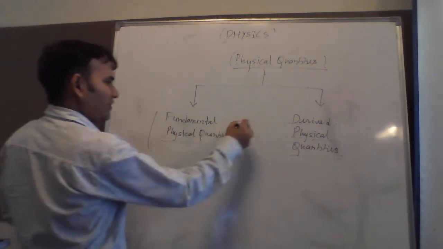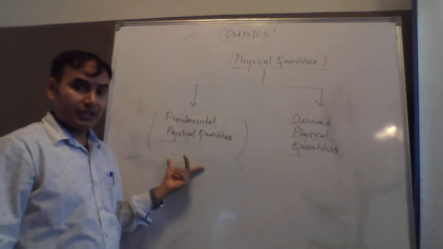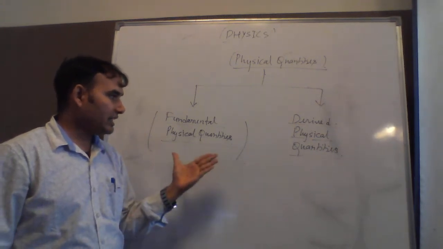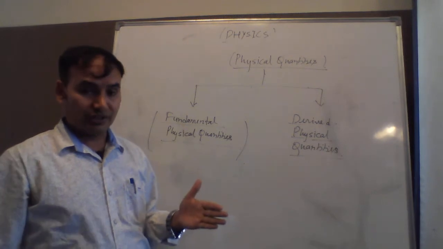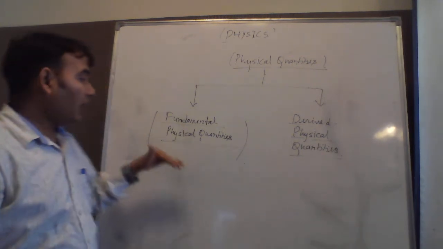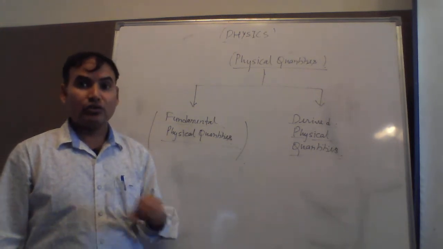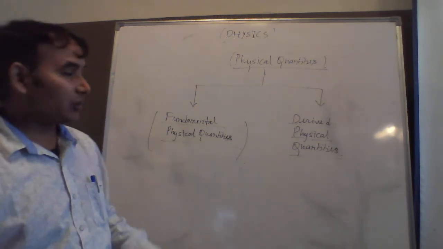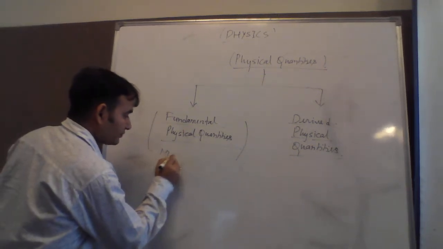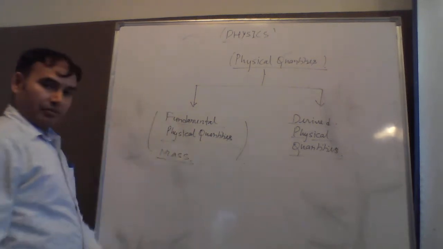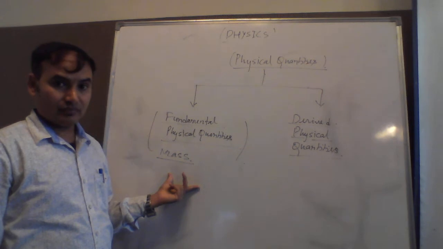Fundamental physical quantities, the definition is given in the slide. Fundamental physical quantities are those physical quantities which do not need any kind of help of other physical quantities. Means they are complete. They can be represented on their own. For example, mass. Mass can be represented by itself only, right?